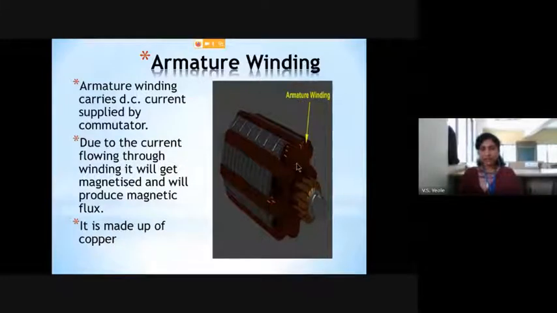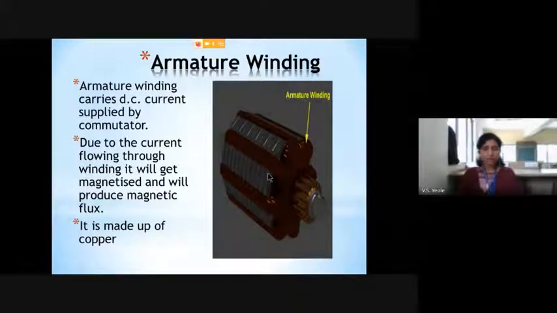Now you can see in the next diagram that armature winding is connected inside each slot of the armature, and this winding is supplied with the DC current. Whenever the DC current is given to this winding, it will again produce a magnetic flux.